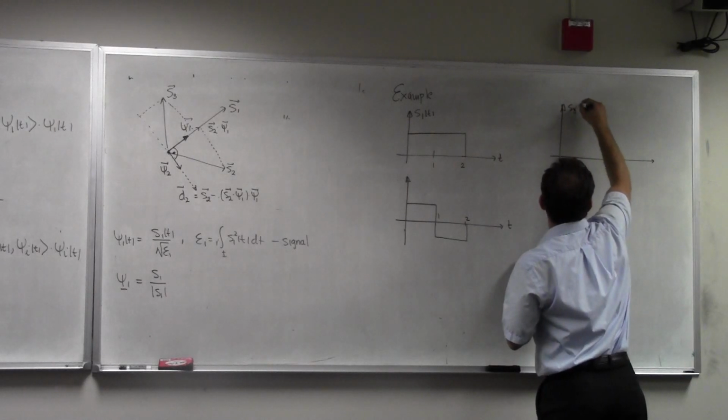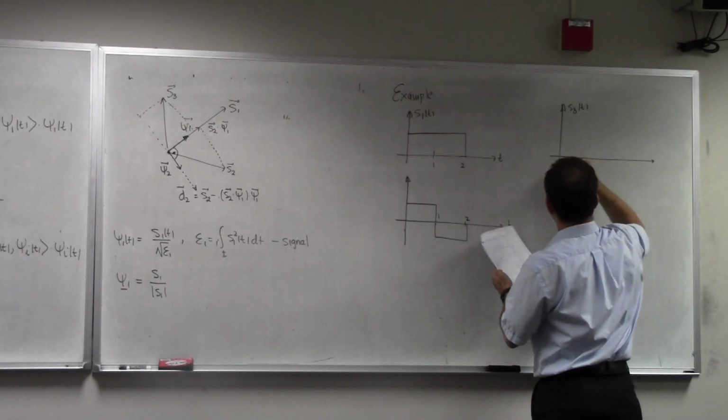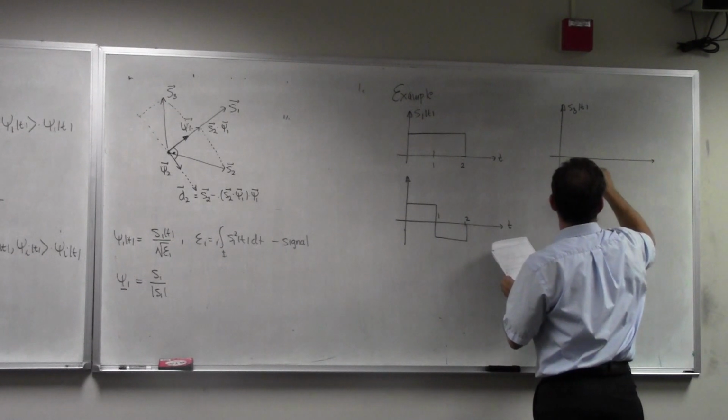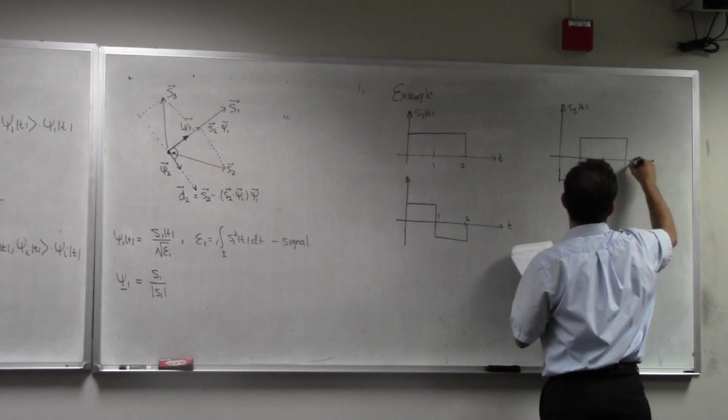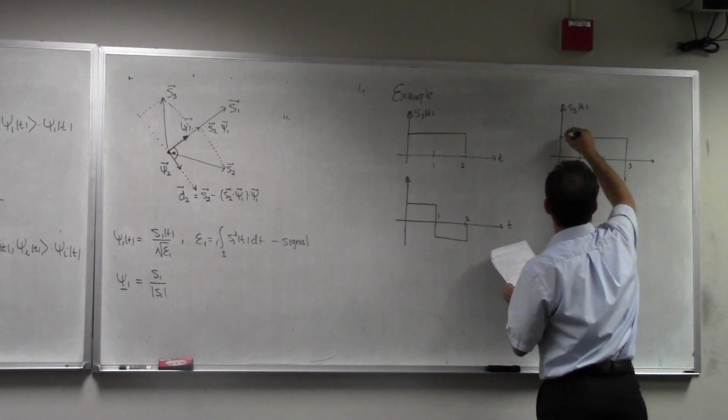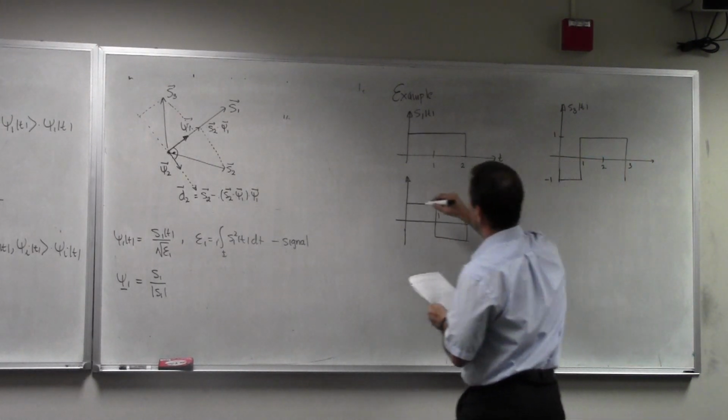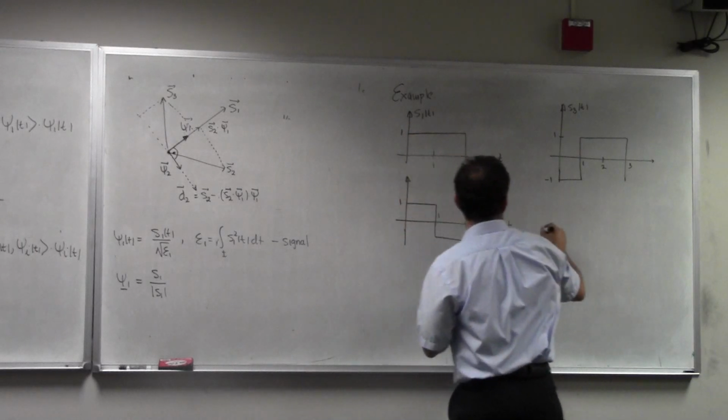This is S3 of t. This is 1, 2, 3. This is 1, minus 1. Again here 1, 1.